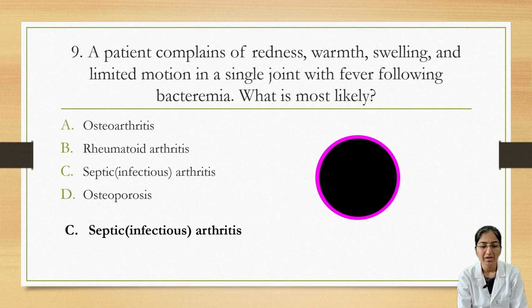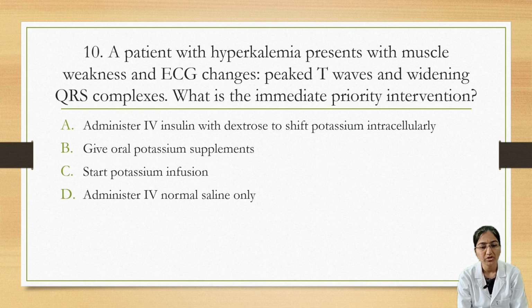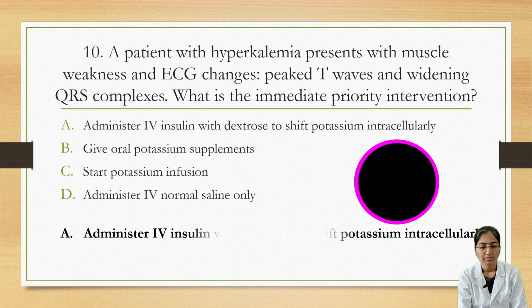That is septic arthritis. Next question, a patient with hyperkalemia presents with muscle weakness and ECG changes, peaked T waves and widening QRS complexes. What is the immediate priority intervention? Right option is A, that is administer IV insulin with dextrose to shift potassium intracellularly.